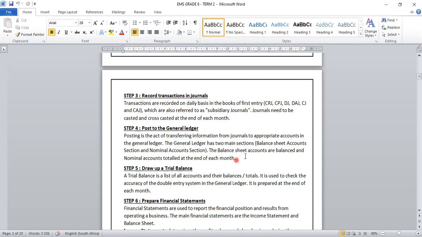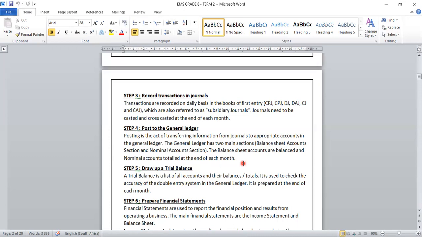The balance sheet accounts are balanced and the nominal accounts are totaled at the end of each month. So the general ledger is basically a summary of all the journals. At the end of each month, the journals are totaled, and then the information is transferred to the general ledger.